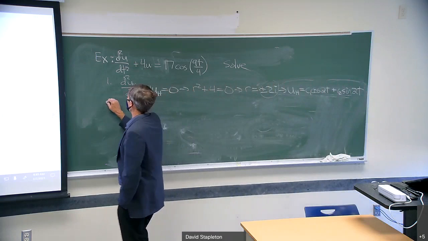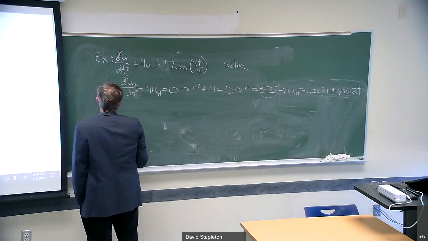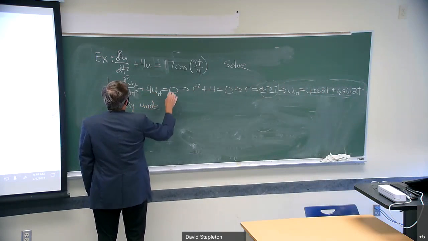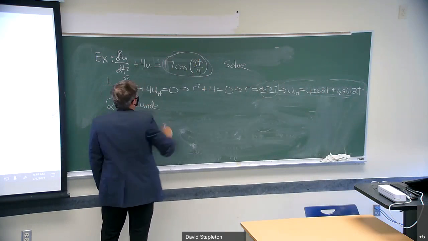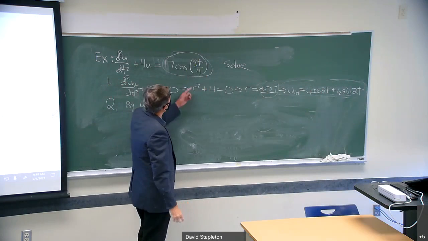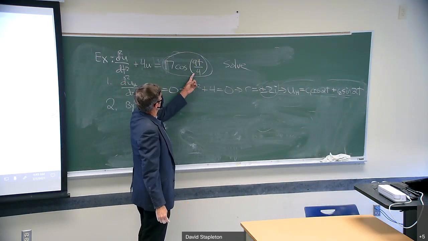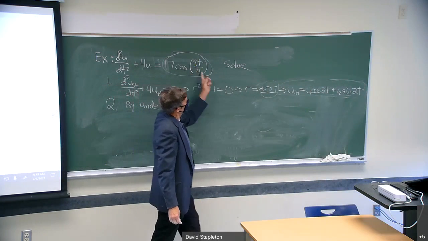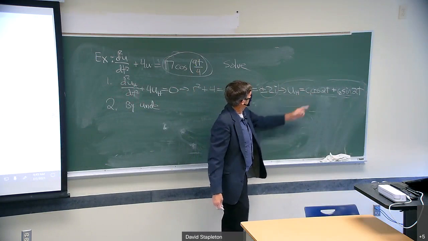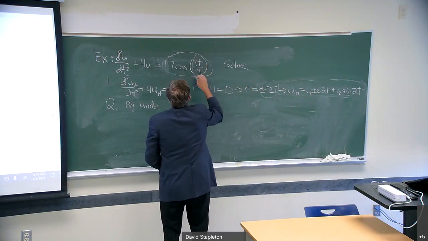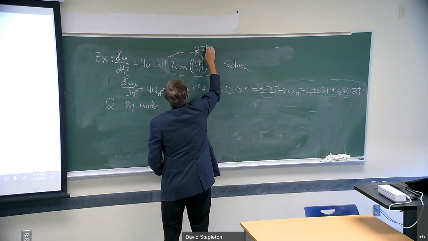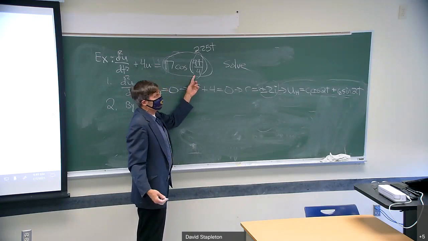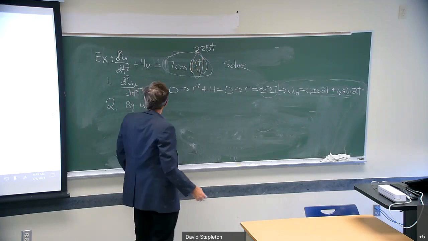Step 2 is to look for a particular solution, right? By undetermined coefficients, we just look in the table. Because this is not a solution to the homogeneous problem, right? It would be if this was cosine of 2t. Cosine of 2t would be a solution to the homogeneous problem. This isn't. This is cosine of 2.25t. So it's not going to be a solution to the homogeneous problem, but it's close to 2t.